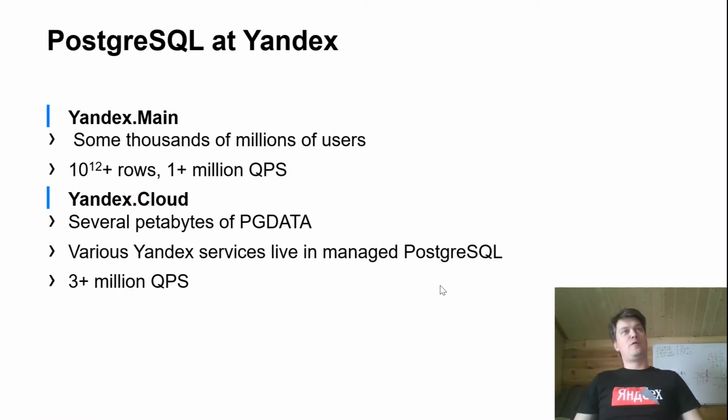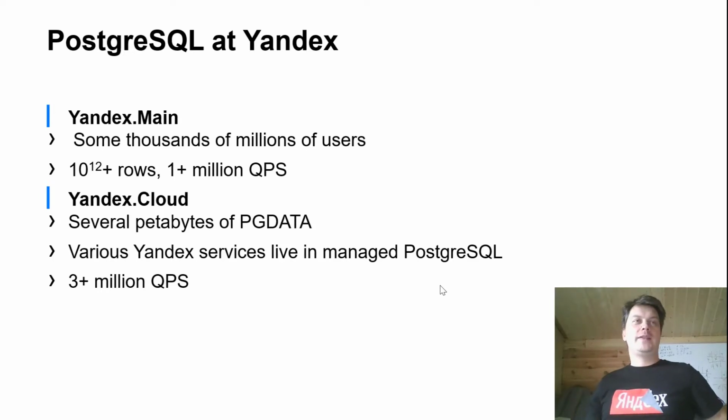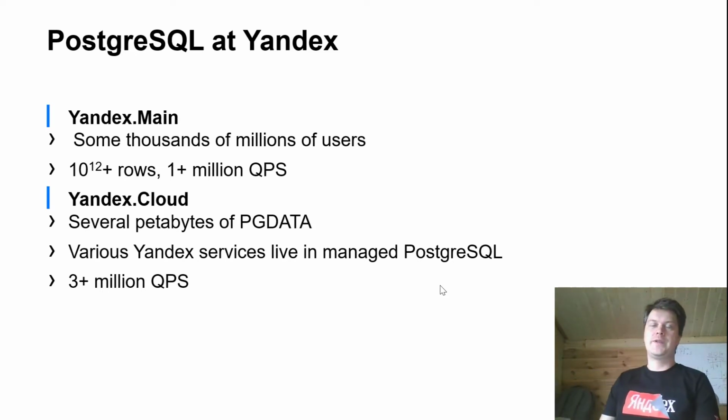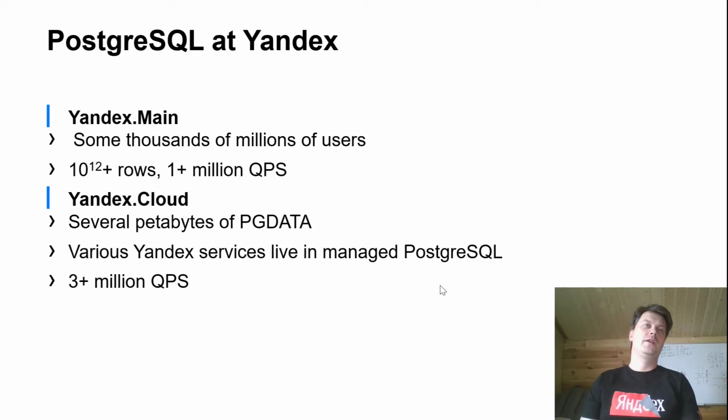But let's start with some description of Postgres at Yandex. We have Yandex Cloud with a few petabytes of Postgres. It serves on average 3 million queries per second. There are a lot of different Yandex services in Postgres databases, like Yandex Mail, Yandex Taxi, and some others.